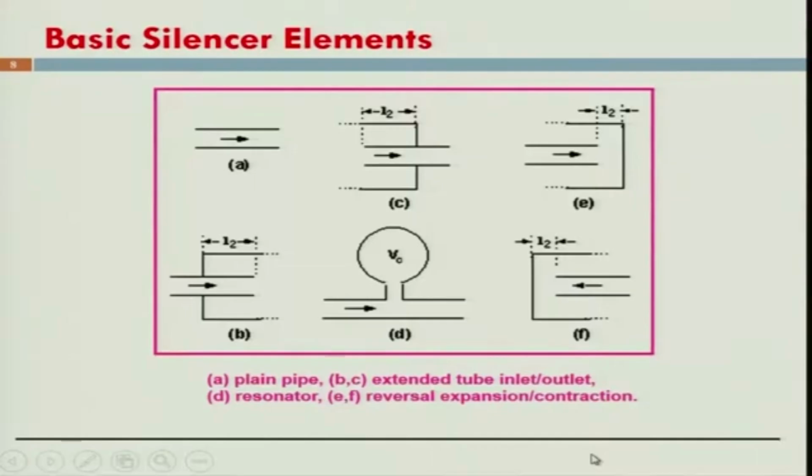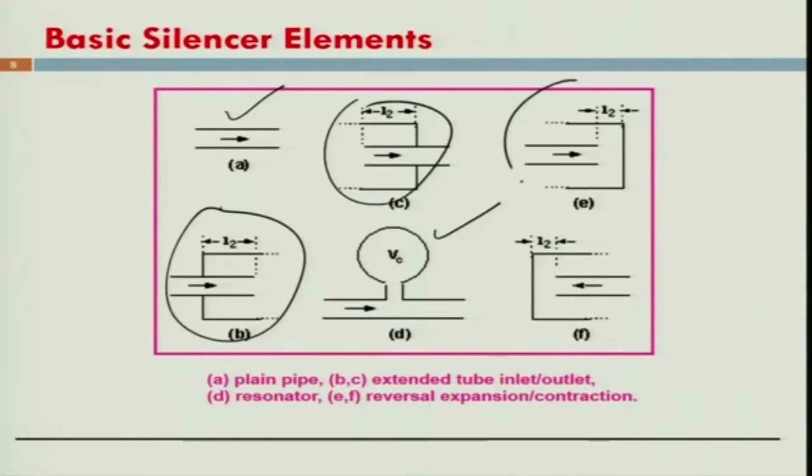This presents to you something that we have analyzed, a simple pipe or a pipe of uniform cross section, and this is something that we know, Helmholtz resonator. What we probably have not really seen so far are these elements. So, what are these? As the figure caption suggests, this is an extended inlet element, and this is an extended outlet element.